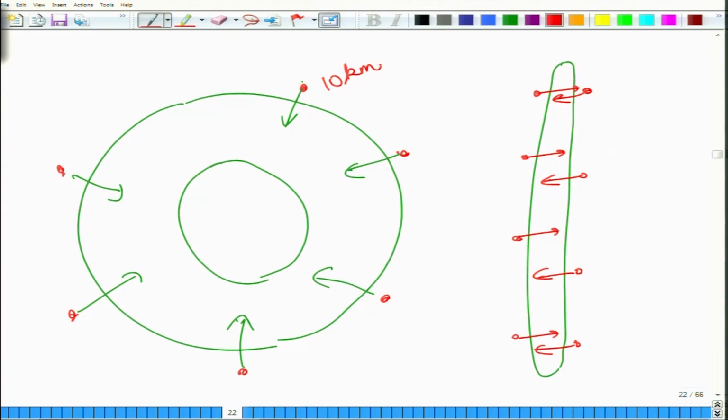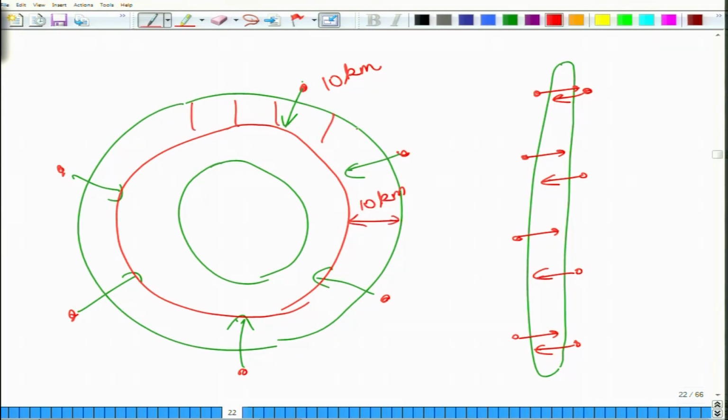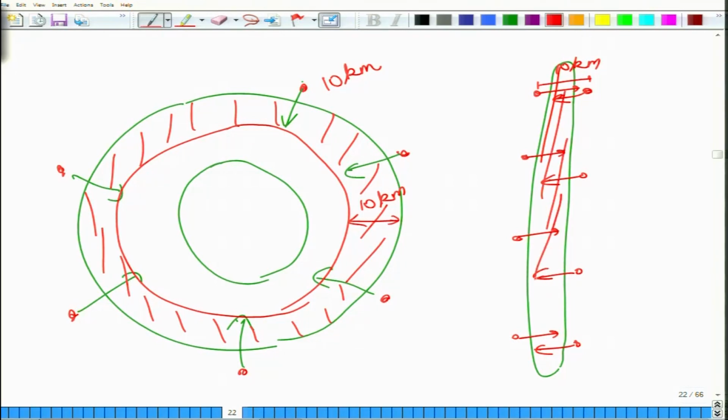Now, if you have a reserve that is in a circular fashion, you will have a 10 kilometer area, so this much is your 10 kilometers, and this much area will suffer a heavy amount of influence because of the biotic pressure. Whereas, in this case, because this area itself is 10 kilometers, the whole of the reserve will face biotic influences.